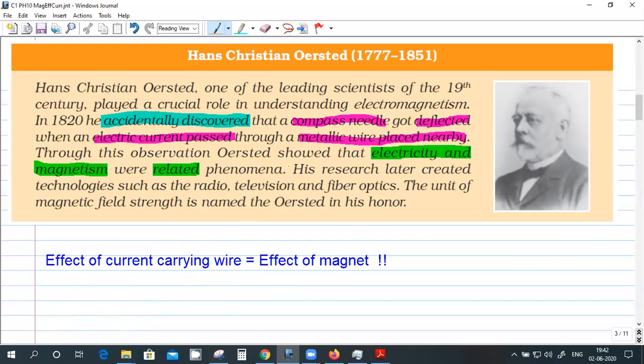He didn't think this would happen. He took a compass needle near a current carrying wire and found that it was deflecting. He didn't expect that; he just found it by accident. Then you have to try to understand why it is happening. But you know when you take a bar magnet close to another bar magnet, it will deflect, right?